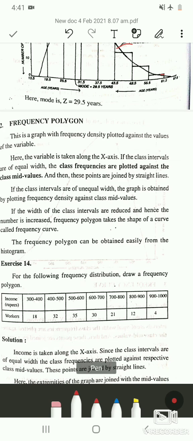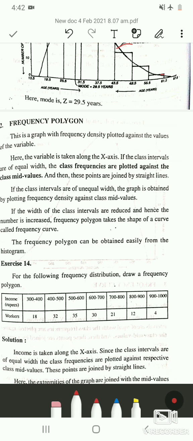And if the class intervals are of unequal width, then the graph is obtained by plotting frequency densities against the class mid values. If the width of the class intervals is reduced and hence the number is increased, the frequency polygon takes the shape of a curve called a frequency curve.